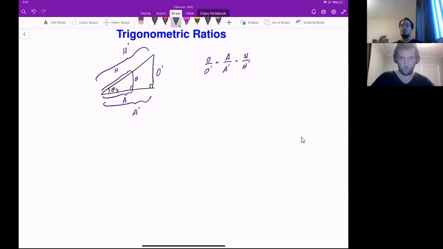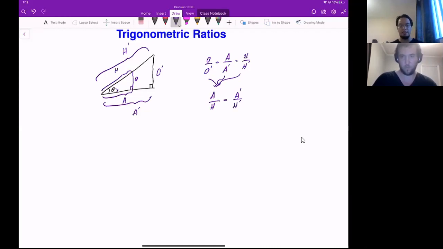So in other words, each one of these quantities is a constant multiple of another one. And that's where you see that I can, for example, out of this one, put adjacent over H, and it will give me the same number as adjacent prime over H prime.